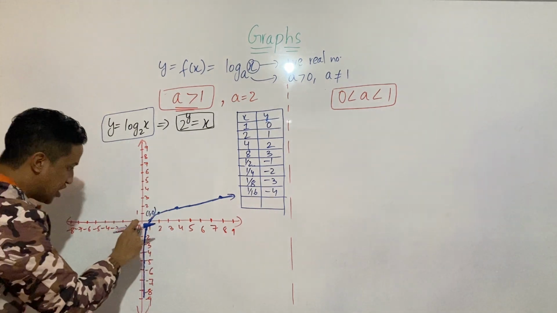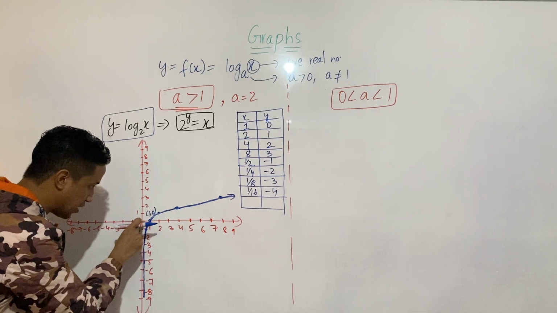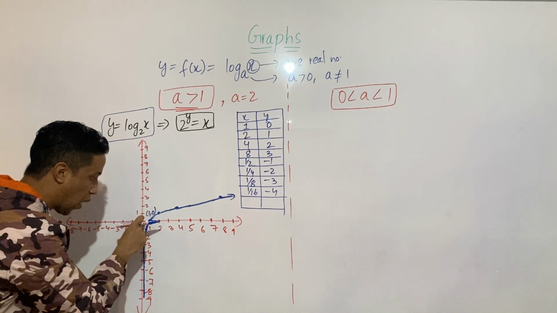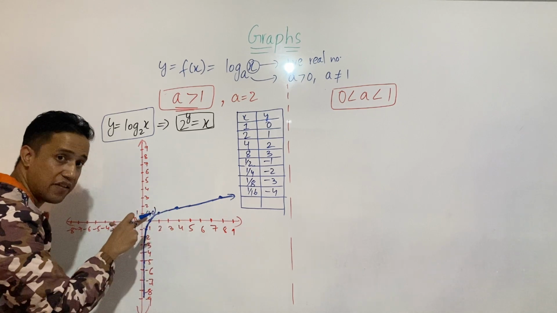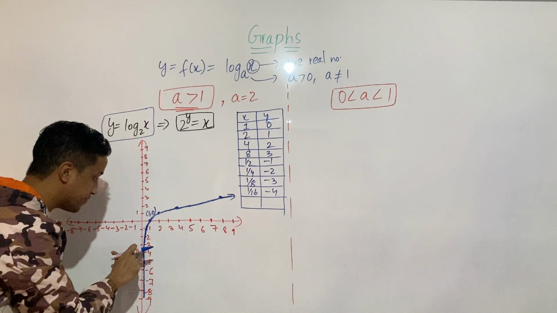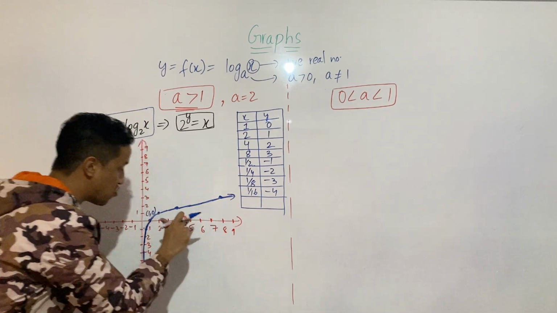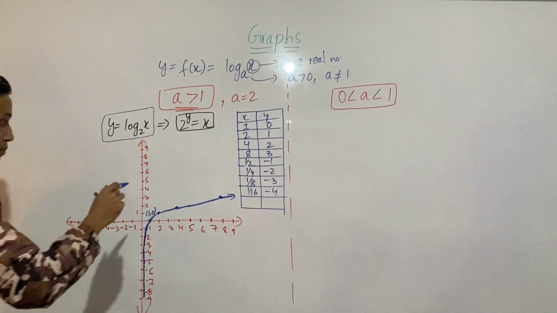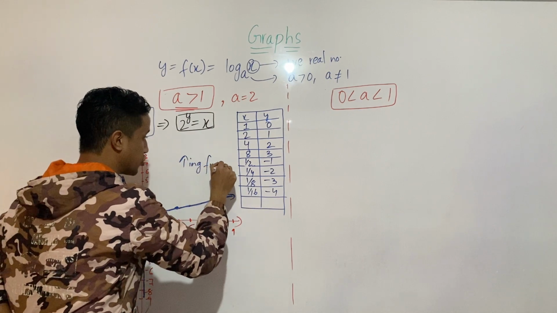Okay, here x has any value between 0 and 1, but y has a negative value. But as it crosses 0, as you increase the value of x, the y is increasing too. What does it mean? It means it is an increasing function.